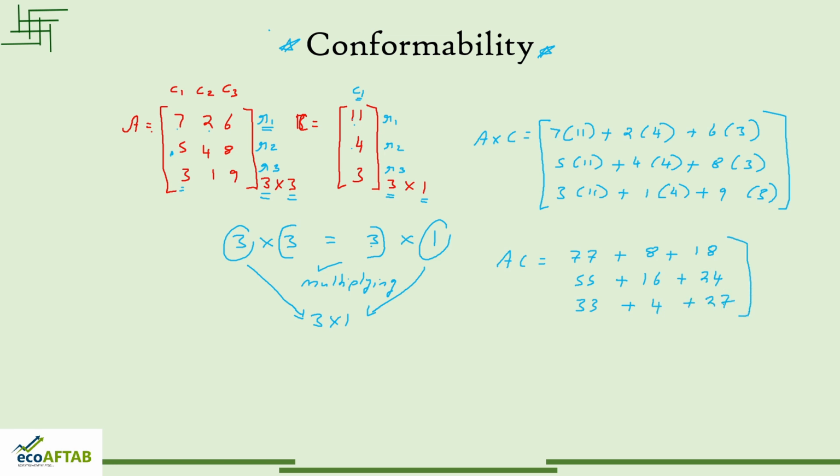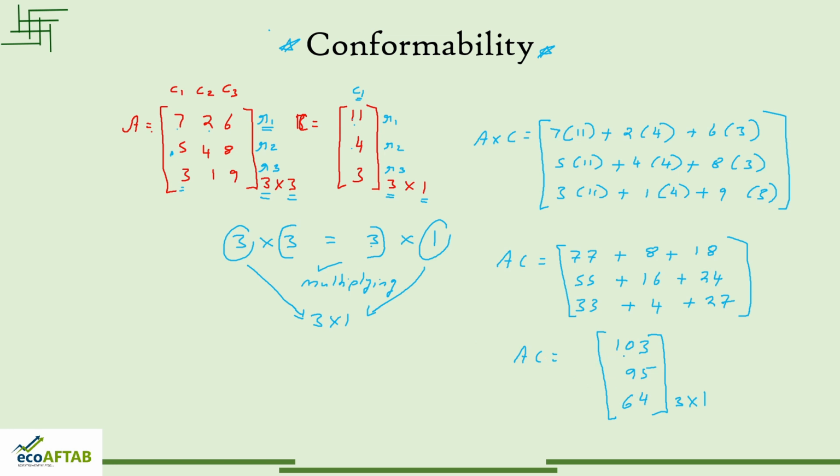And when I add up this thing, what I get is AC is equal to 77 plus 18 plus 8, 103, 55 plus 16 plus 24, 95, 33 plus 4 plus 27 is 64. So this is the final product we get, and this is of 3 by 1. There are 3 rows and 1 column.